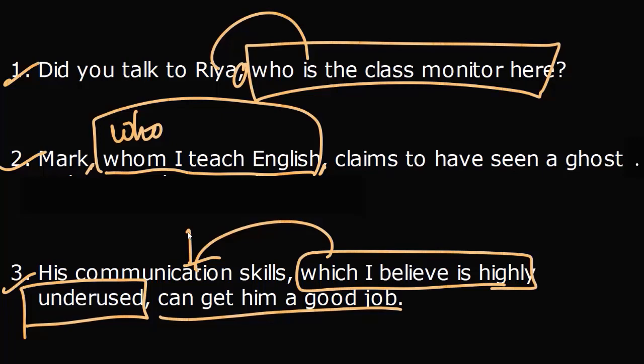It's already identified, right? This is not making it more specific. So since it's not making it more specific, this is not helping us identify this noun. Since it's already specific, we are going to use commas to offset it. His communication skills, which I believe is highly underused, can get him a good job.